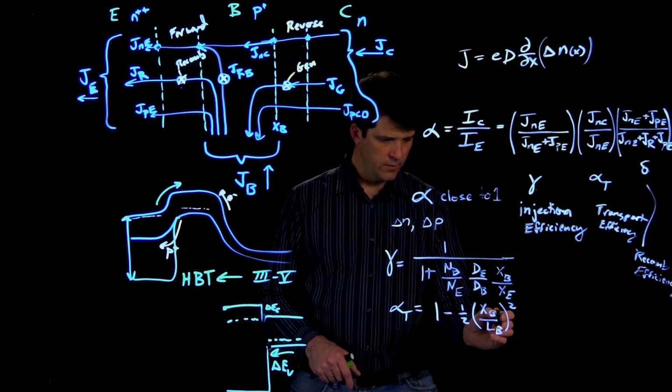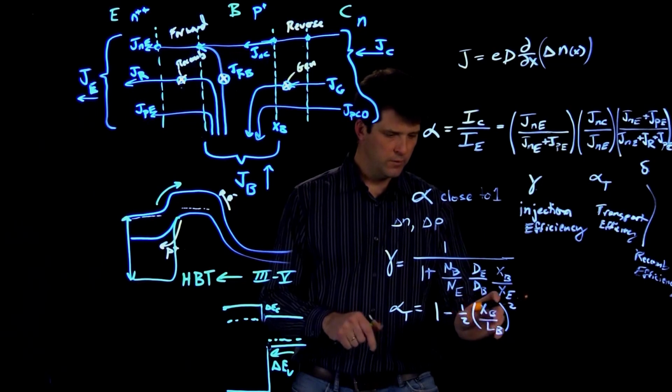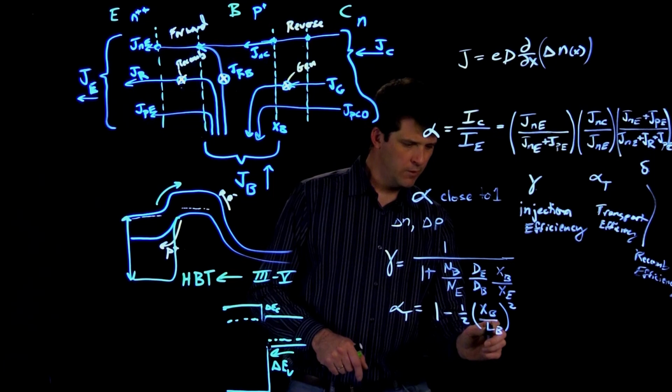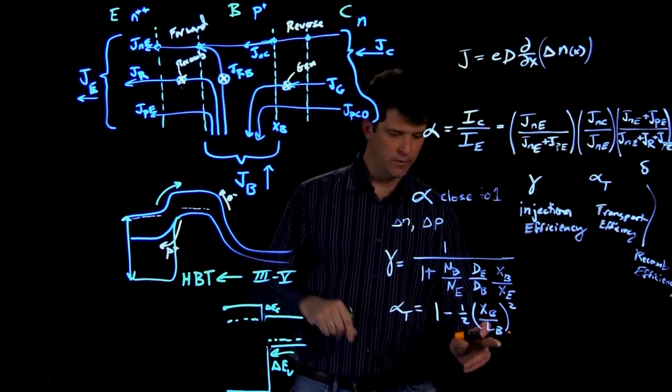So again, we want to make this as large as possible, so we want to minimize this term that's subtracted here, meaning we want to make x small and the diffusion length in the base very large.